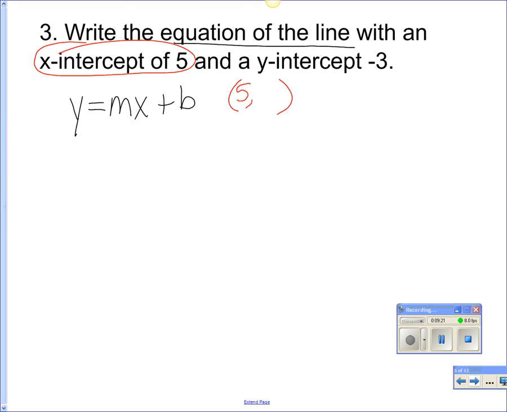Do you remember what goes in the empty spot? 0. 5, 0. Okay. Daniel, how do you make the y-intercept into a point? You have to put 0, comma, -3. You have to write all this down. If I write it, you're supposed to be writing it.